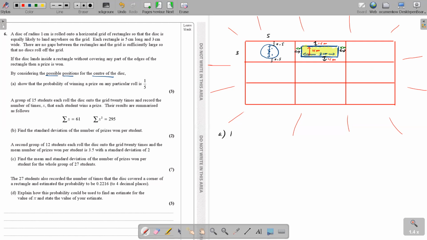So part A, the probability to win equals, the total area is the area of the full rectangle, which is 3 by 5. Out of the 3 by 5 area, you need to fall inside that 1 by 3 area. So this is 3 over 15, which is 1 over 5, which is exactly the show that.